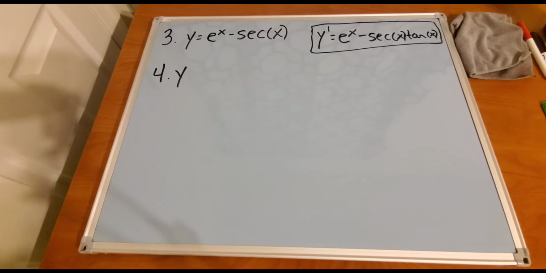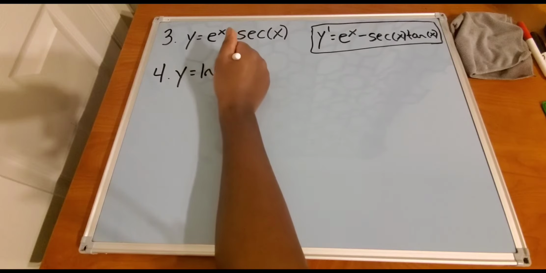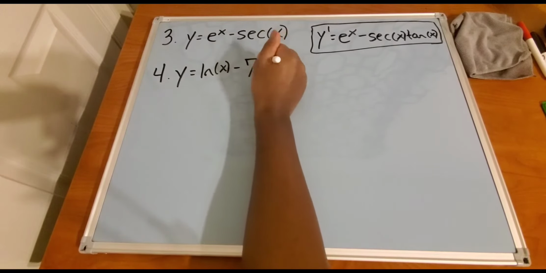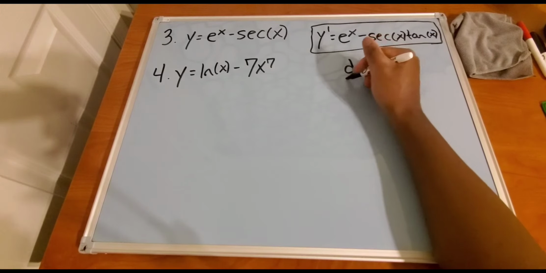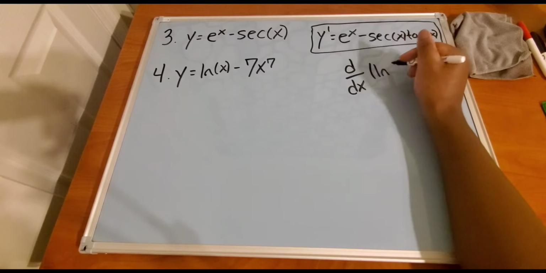For question number 4, we have y is equal to the natural log of x minus 7 times x to the 7th power. Again, if you know the derivative of natural log of x, then you got it. If you don't, you can write it as the derivative with respect to x of natural log of x.